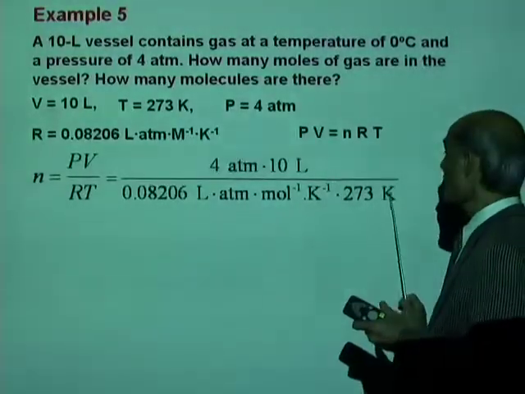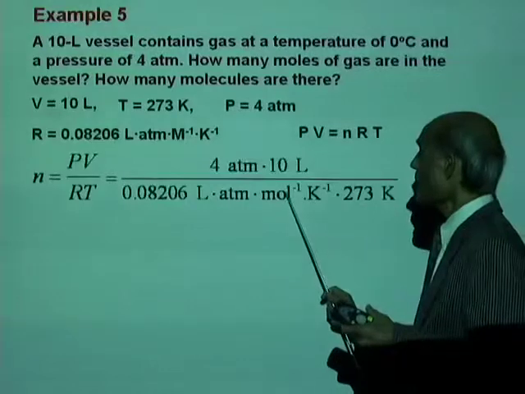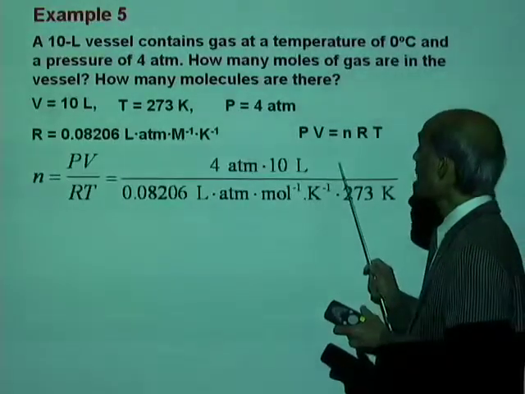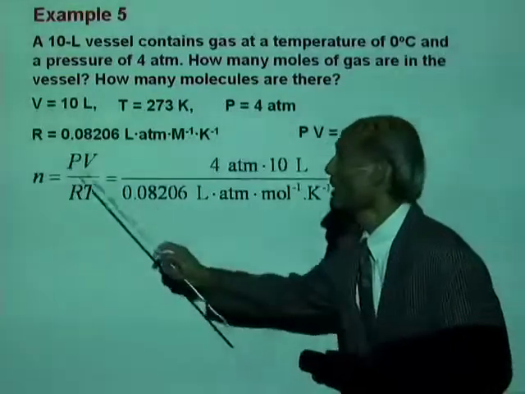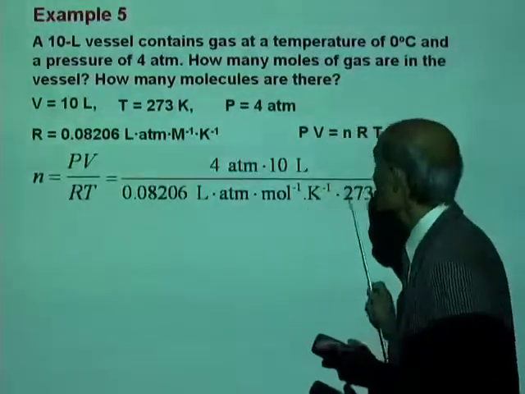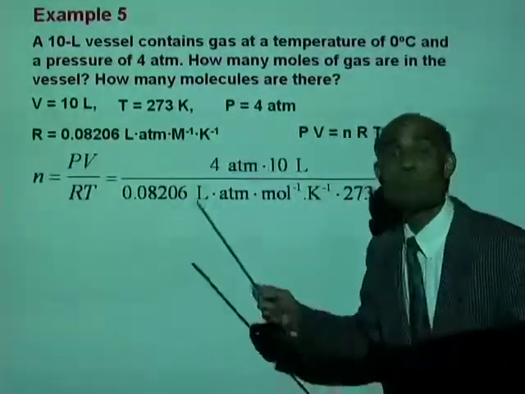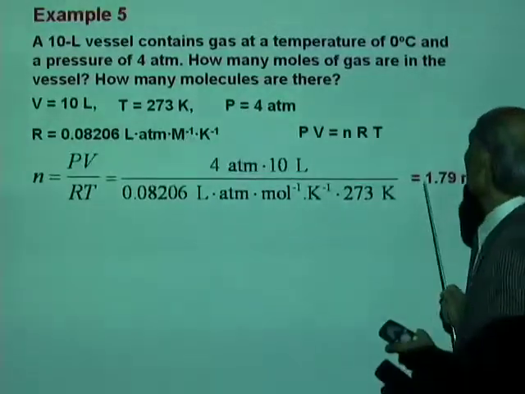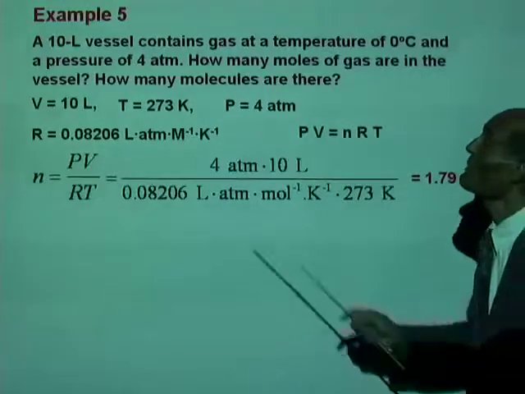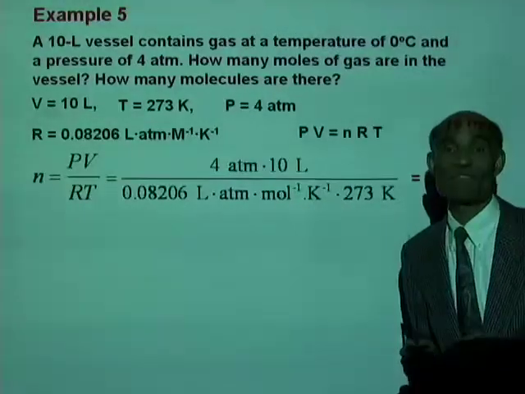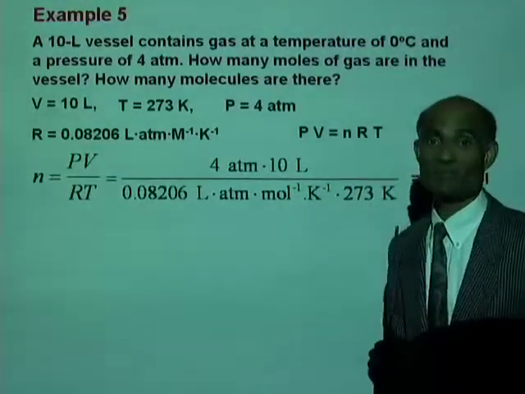Per Kelvin and Kelvin will cancel. And per mole will go up. The unit, when you simplify it, will be mole. n equal to whatever number you get, that many moles. So that will be 1.79 moles is the number of moles of that gas in that container.